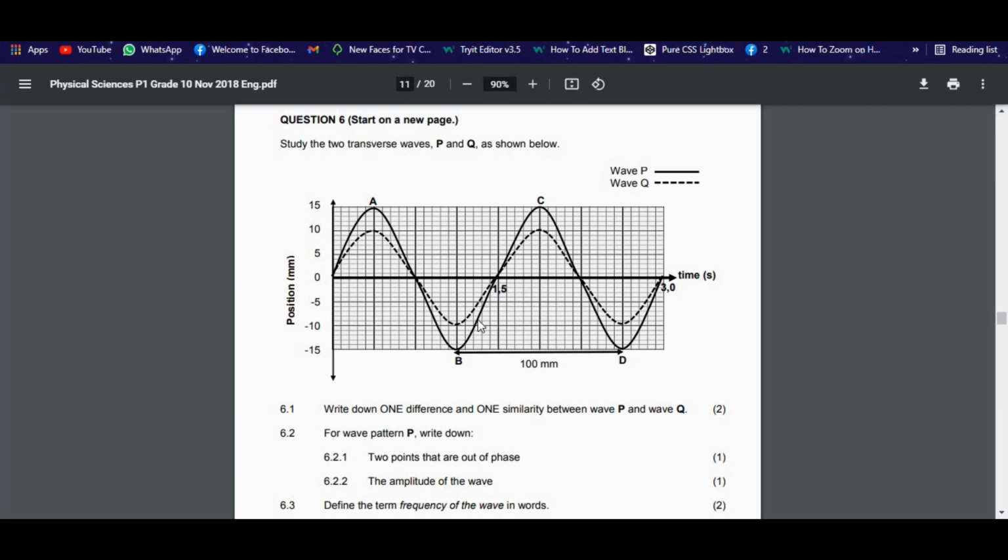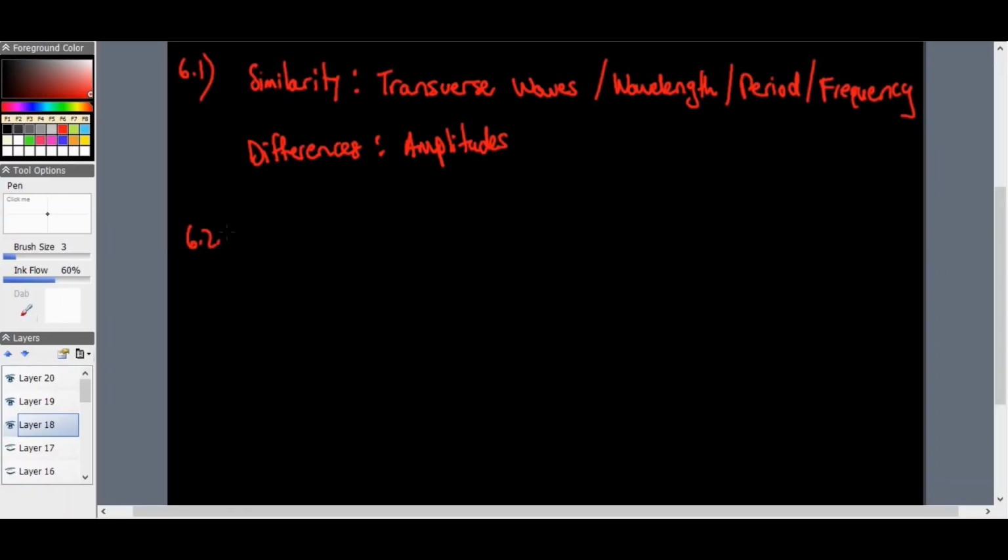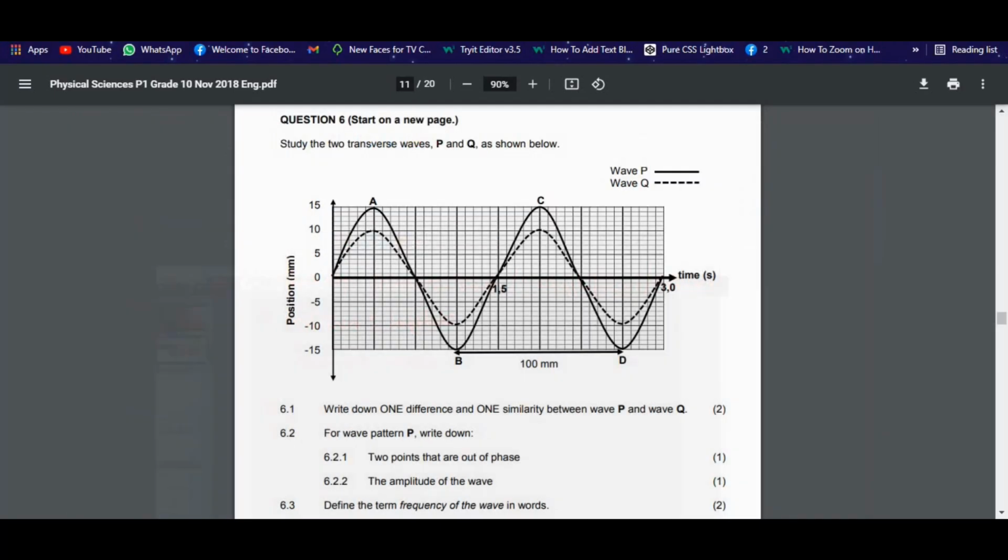Now, 6.2 says for wave pattern P, write down 2 points that are out of phase and the amplitude of the wave. So 6.2.1, 2 points that are out of phase. Let's look at it. Definitely A and B is out of phase because A is a peak and B is a trough.